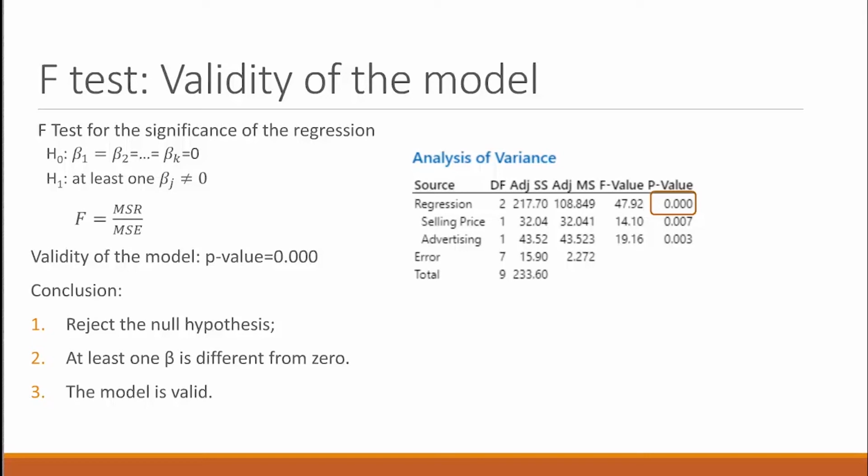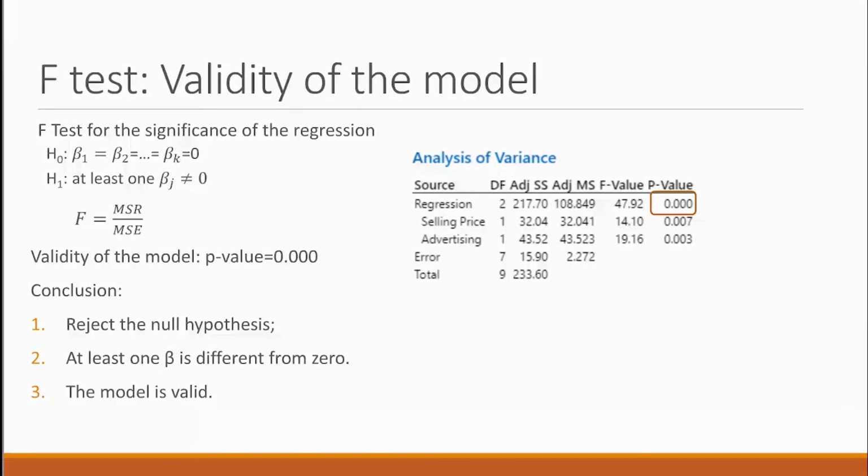And if we were able to verify that the slope coefficient is significantly different from 0, we said the model is valid. That's not the case for multiple linear regression anymore. For the multiple linear regression model, we actually look at the F-test to verify the validity of the model.